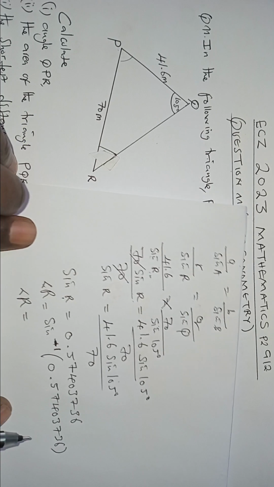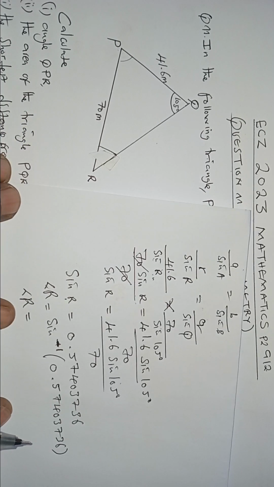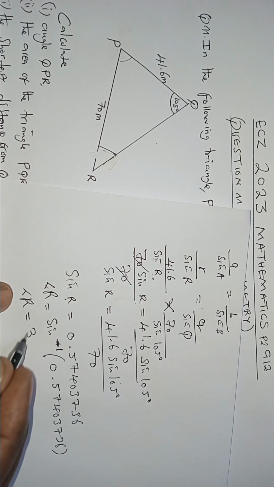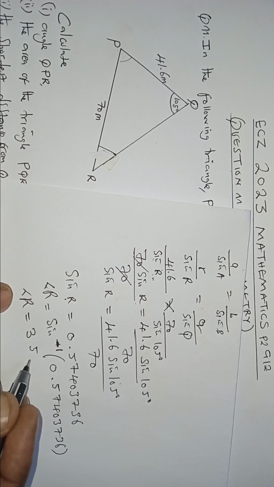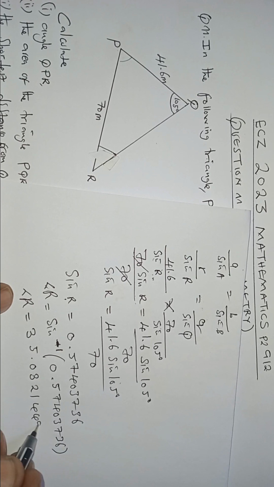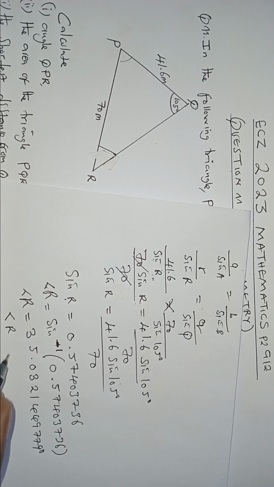So we are saying angle R is equal to, so you also go on your calculator, you place the second function, and it's supposed to give you 35.0321449779 degrees. So angle R approximately is equal to 35 degrees.